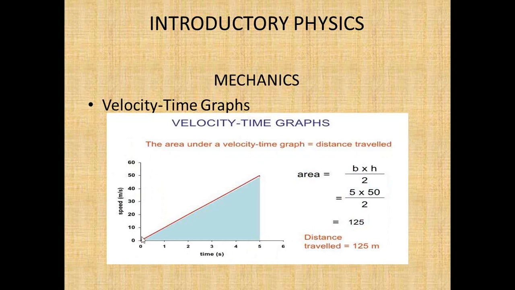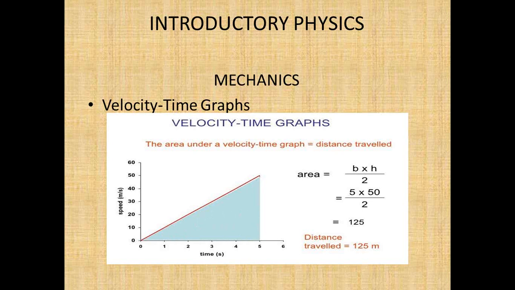We know that the slope is the acceleration. So we have the speed, we have the time, but we don't know the distance traveled. If you want to find the distance traveled between 0 and 5 seconds, you just come up to 5 seconds, and the area under this curve is the distance traveled. Again, the area of a triangle is half the base times the height.